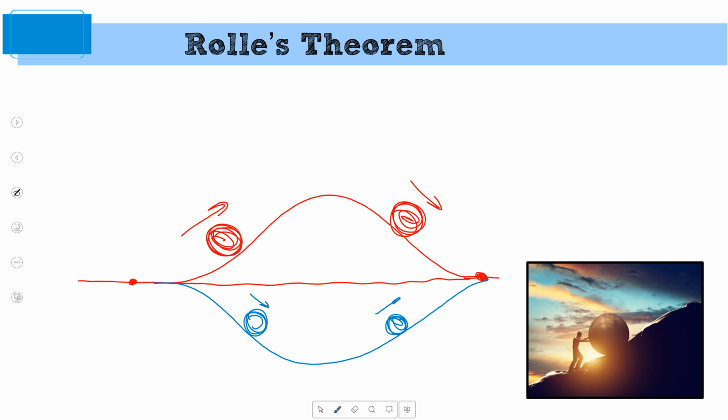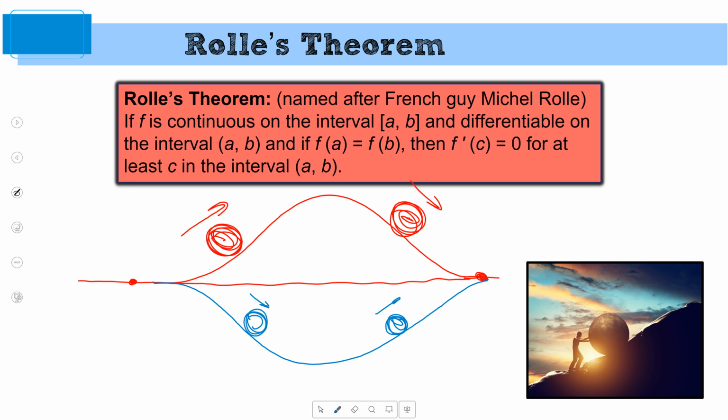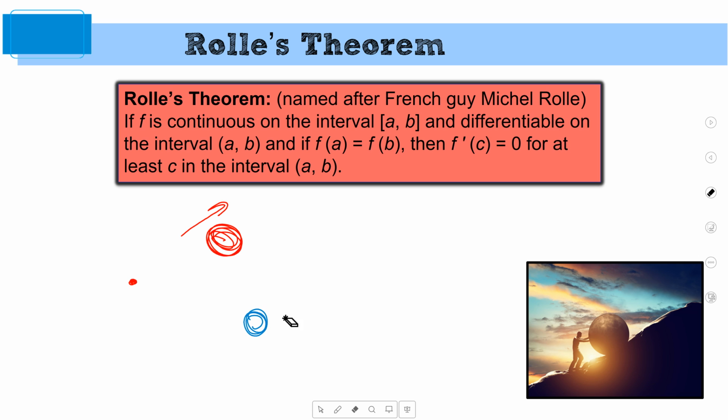All right, so now let's do the fancy schmancy calculus speak and what this guy Michel Rolle said. Get rid of my super cool picture, and we'll break this definition down. Okay. First of all, the function has to be continuous. You can't roll it up a hill and all of a sudden part of the hill disappears. You're not rolling it over the top of a volcano, you're rolling it up a hill.